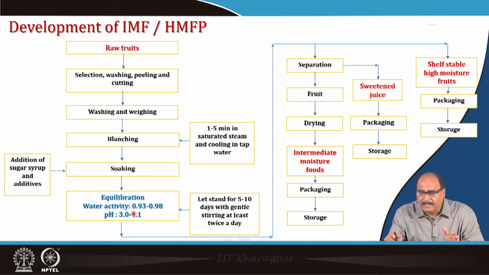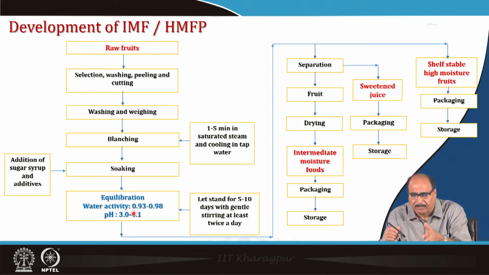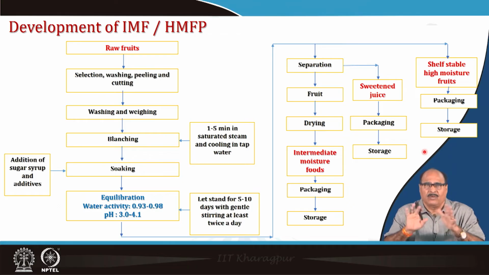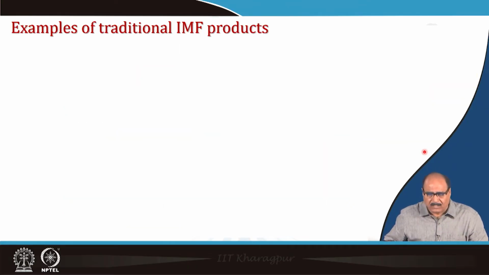After that, it is separated using appropriate methods, that is, the sweetened juice is separated and packaged, or the fruit pieces can be partially dehydrated. You can pack the intermediate moisture food for storage, or alternatively get shelf stable high moisture fruits for packaging and storage. So, this gives an overview of the different process technology.